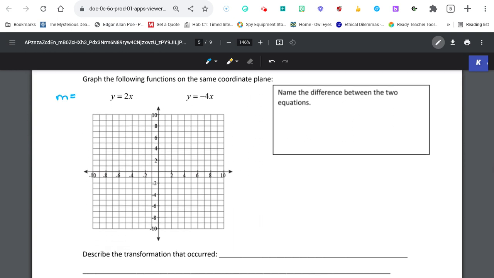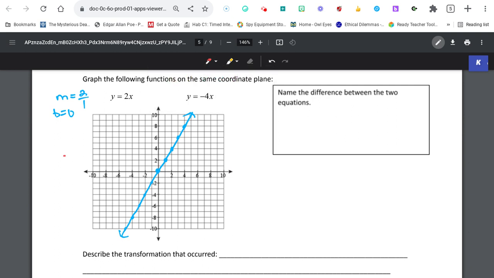Here, m is 2, or 2 over 1, and b is 0. I'm going to increase 2 and go to the right 1, or I can decrease 2 and go to the left 1, and just graph the line.